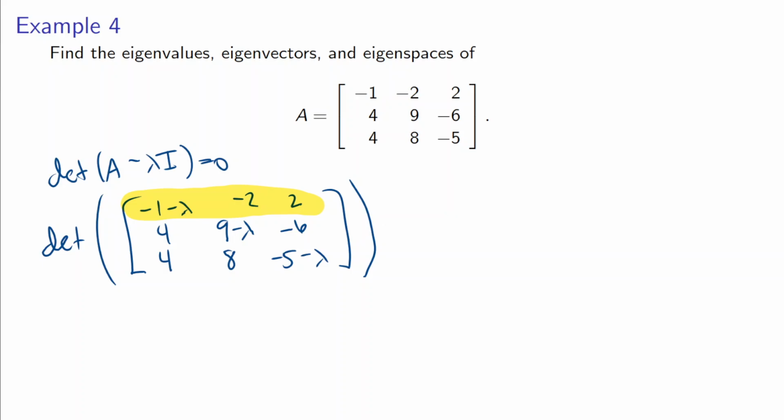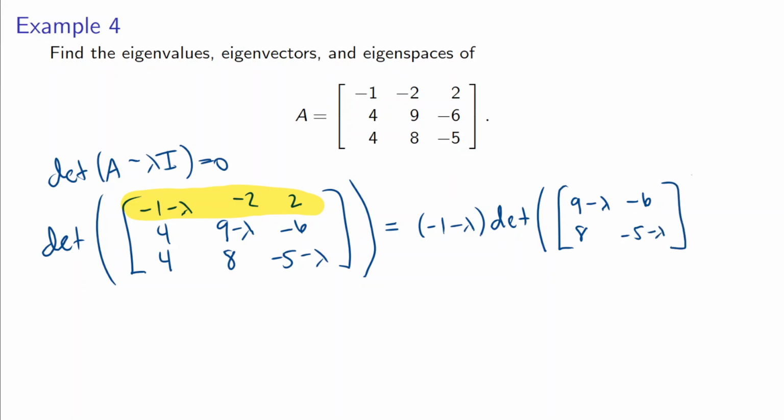So this would end up being -1 minus lambda times the determinant of the 2 by 2 matrix that we get by eliminating the first row and the first column. So that'd be 9 minus lambda, -6, 8, -5 minus lambda.